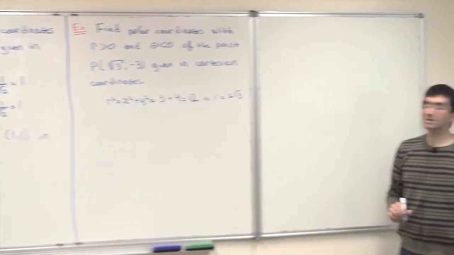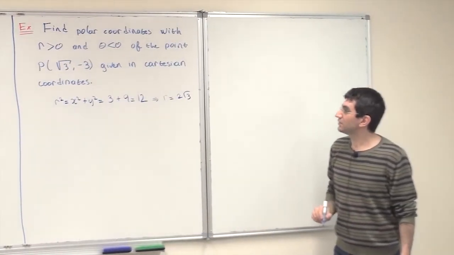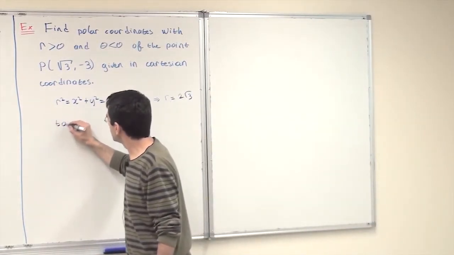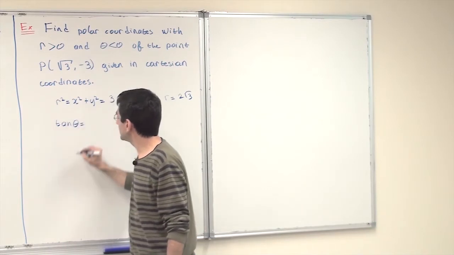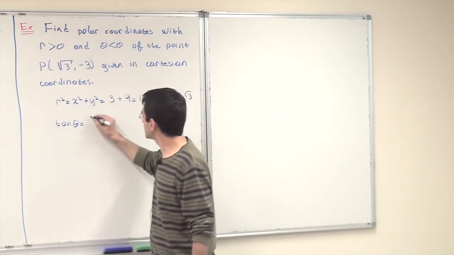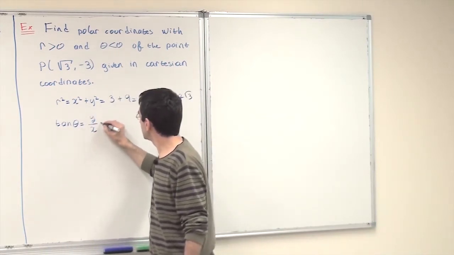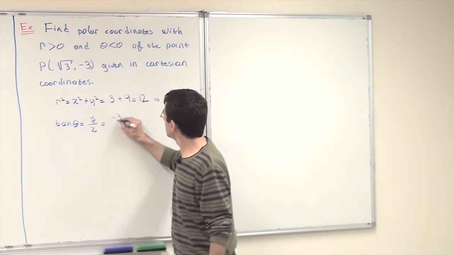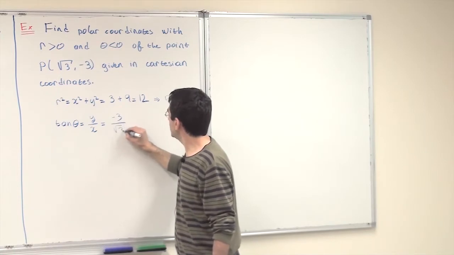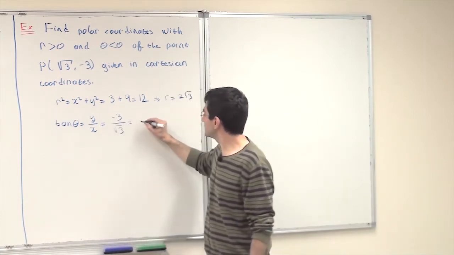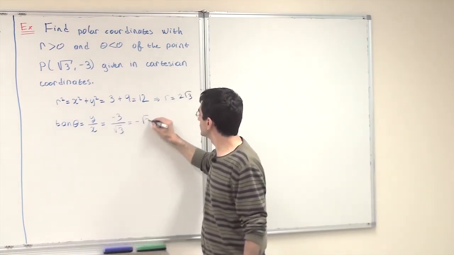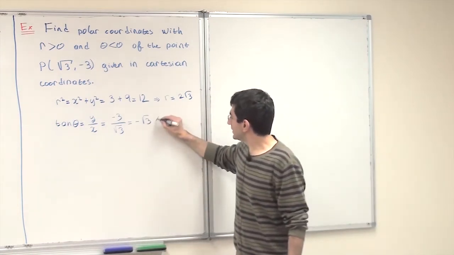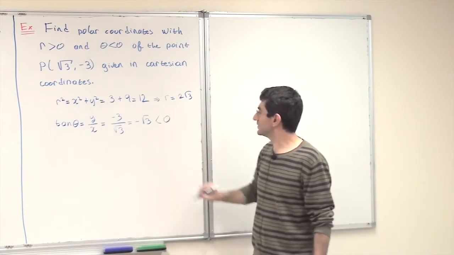So next we find theta, and to find theta we use the relation that tangent theta is equal to y over x. Then using the values of x and y, we find that tangent theta is equal to negative square root of 3. So we observe that tangent theta is negative.